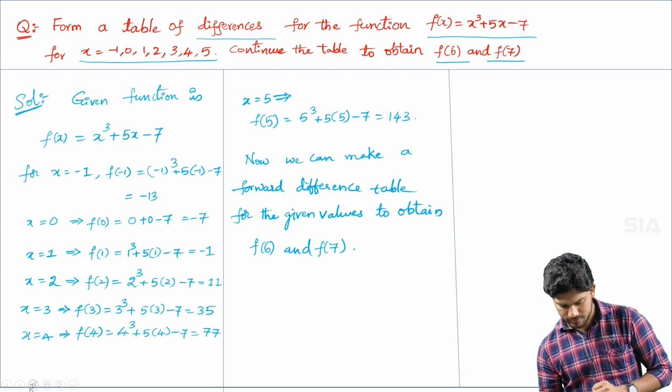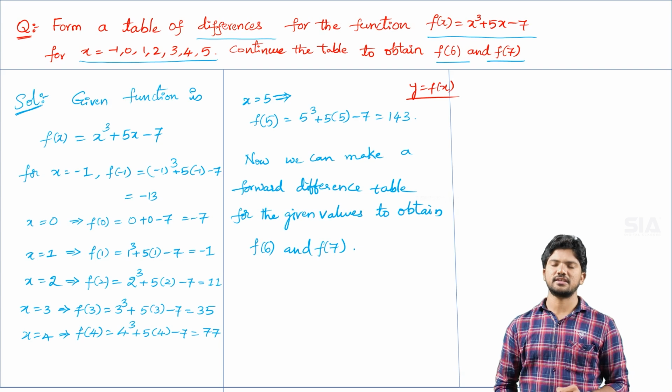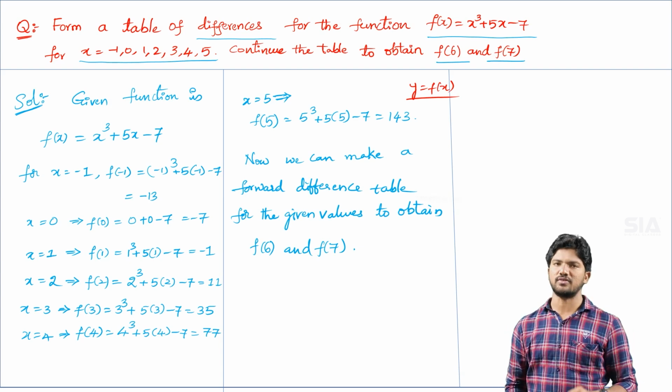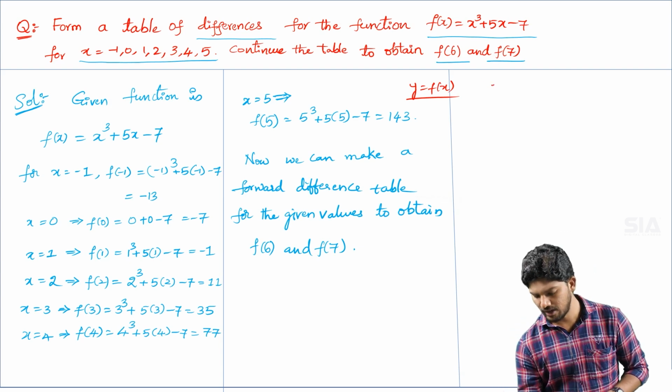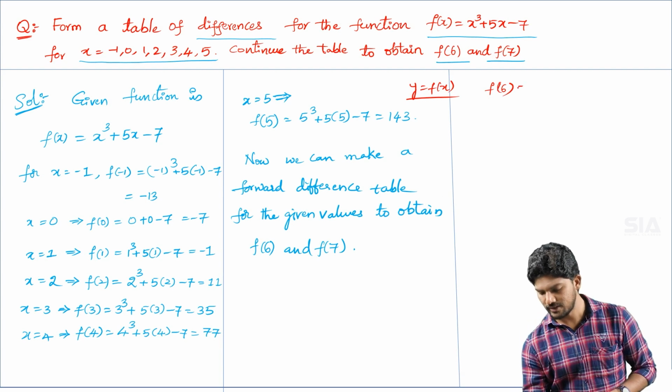You know very well that y is equal to f of x is the general function, as we discussed in the previous lecture. Here we have to find f suffix 6, which is nothing but the corresponding value y suffix 6, and f of 7 is y suffix 7.